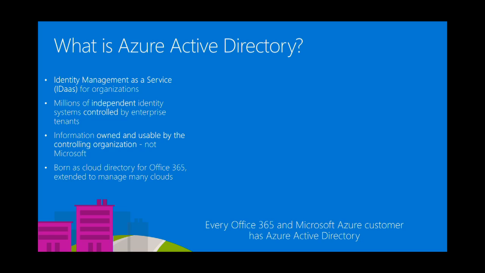So the idea is when you are selling software as a service, you have certain challenges that you don't have when you deploy this software on-prem. And so Azure Active Directory was born specifically as a way of dealing with identity when using Office 365.